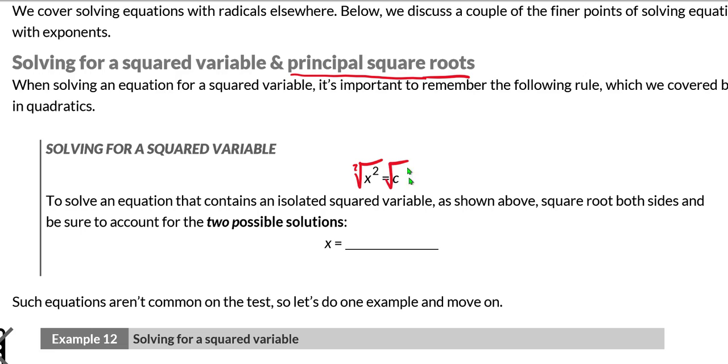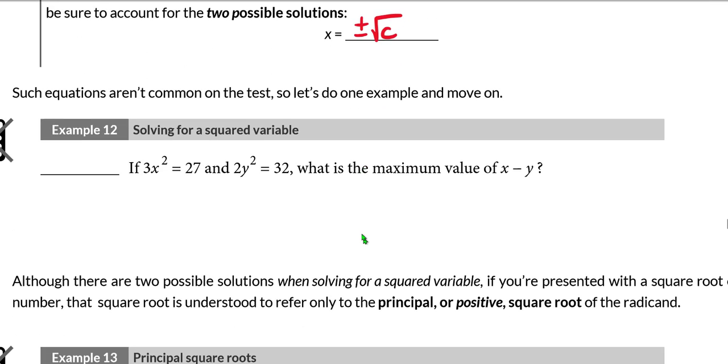On this right hand side, we have to remember that we have to account for the fact that x could equal the positive or negative square root of c. So again, if I square root both sides of the equation to isolate a squared variable, I do have to account for 2 possible solutions. Let's do a quick example of this, and then we will move on.